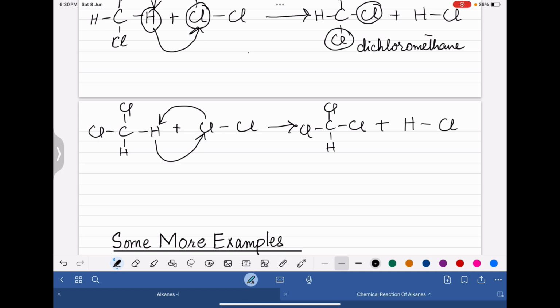Now the name of the product will be trichloromethane. Its common name is chloroform and it is used as general anesthesia.